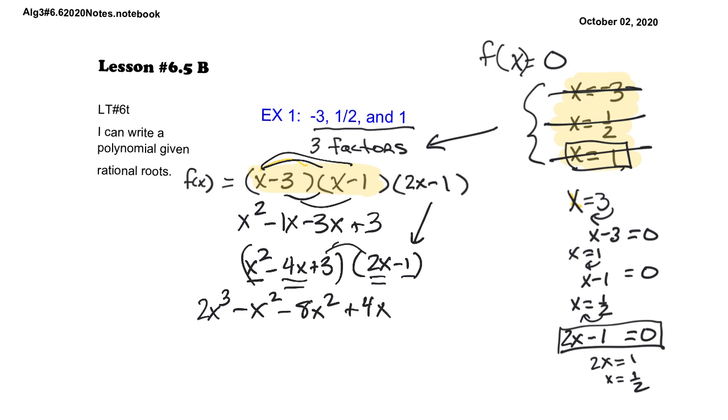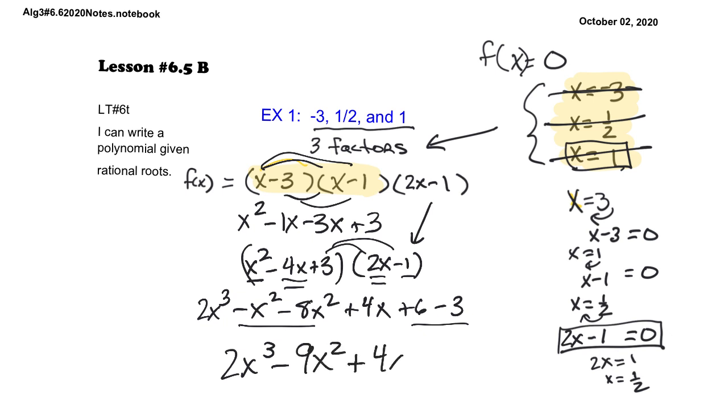And finally, I'm going to do the 3: 6x minus 3. I'll know what my polynomial is by combining like terms: 2x cubed minus 9x squared plus 4x plus 3. That is my final answer.